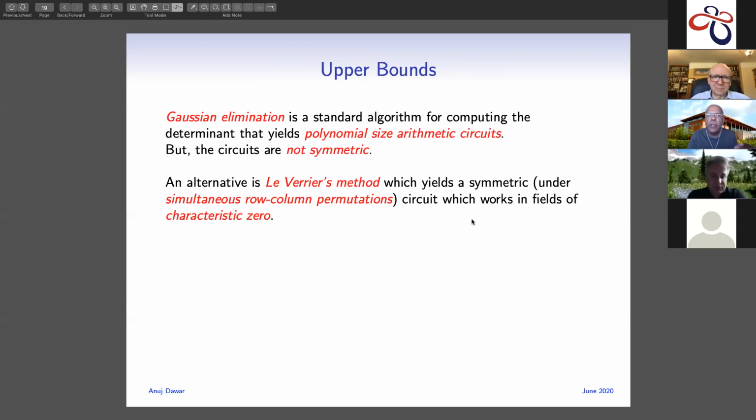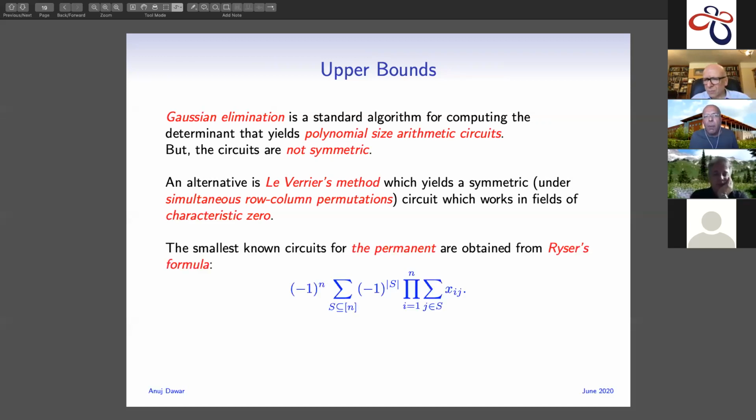So in other words, under the action of Sn on the n by n matrix. And I say it works in fields of characteristic 0. I think you could also make it work in any field of characteristic larger than the size of the matrix. It's just because it involves division. I mean, to make the method work, you need division by the order of the matrix roughly. So, okay, but at least there is a notion of a symmetric circuit which works at least in characteristic 0.